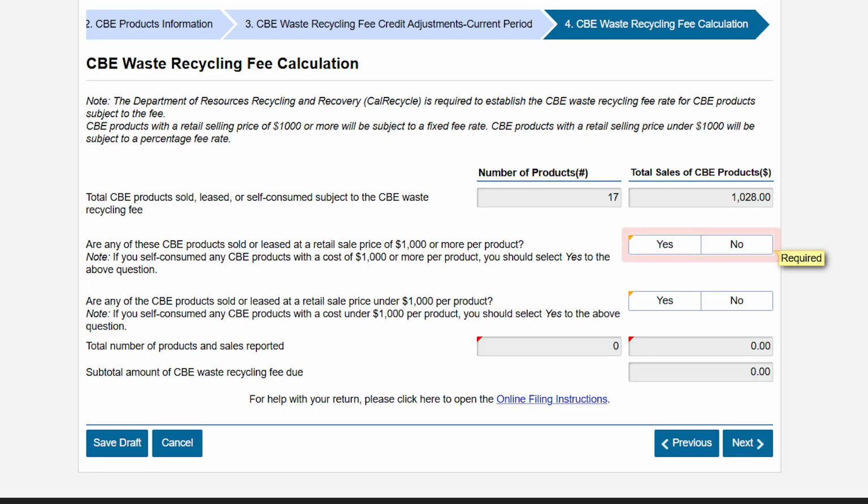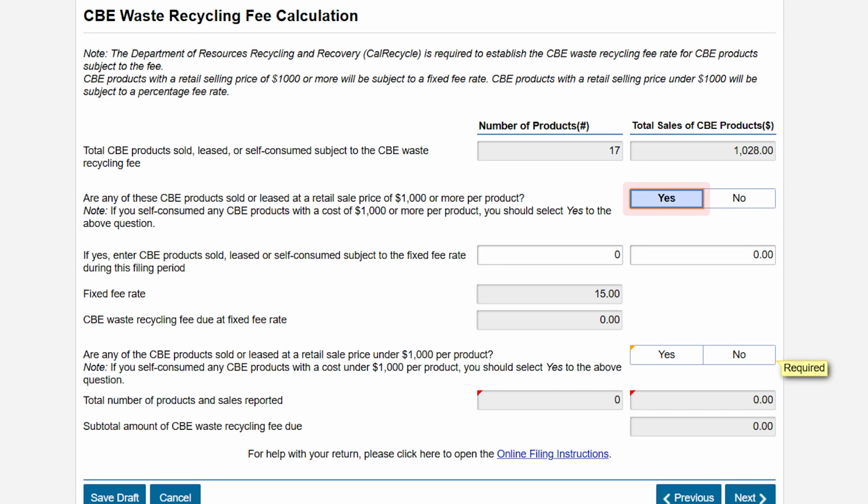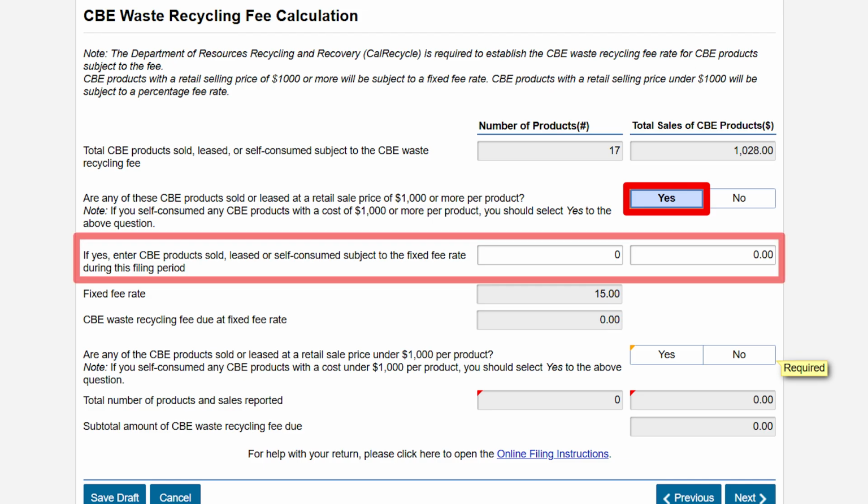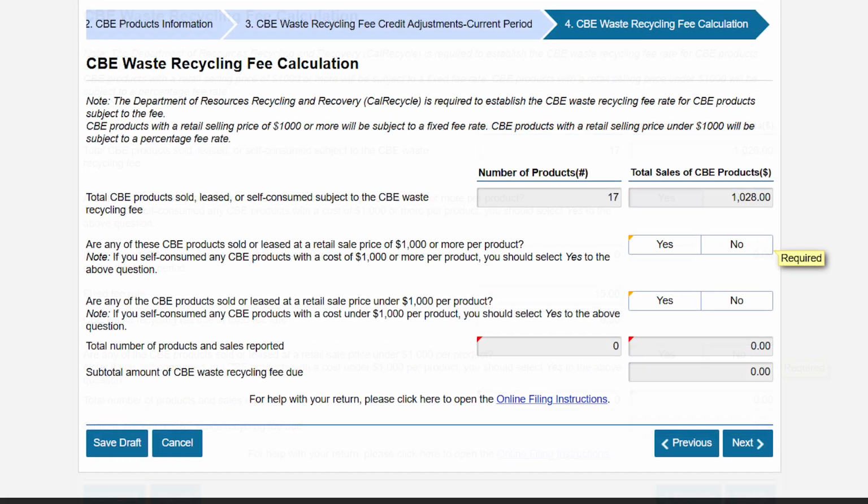If not, you will select No. If your answer is yes, a table will expand where you will report the number and total sales of CBE products sold, leased, or self-consumed, subject to the fixed fee rate. In our example, we do not have any CBE products at a retail sale price of $1,000 or more and subject to the fixed fee rate, and we will select No.